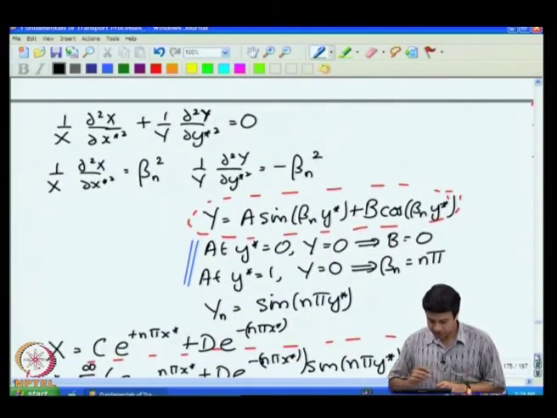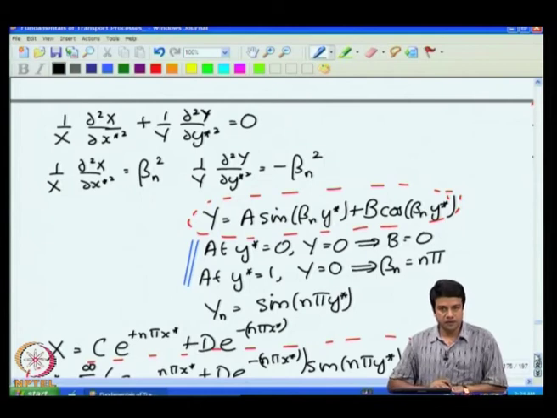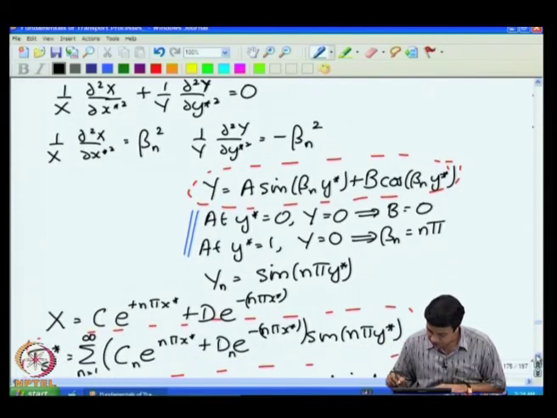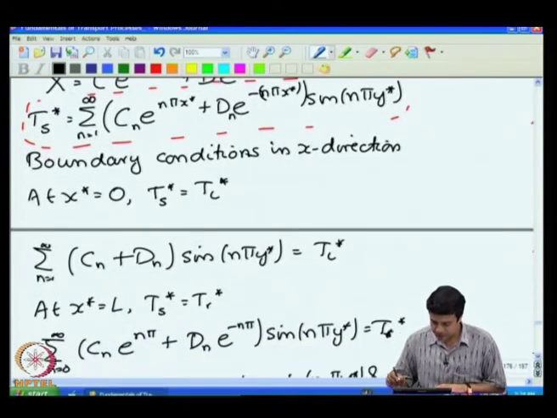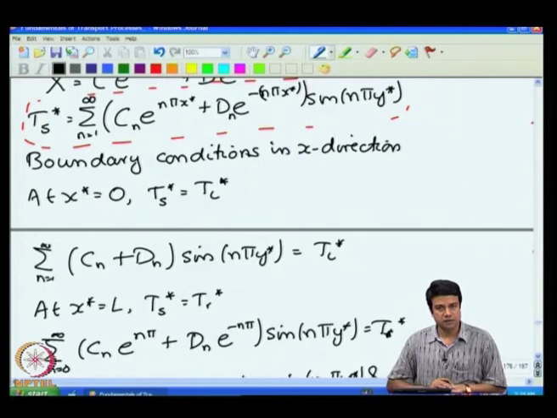So, the homogeneous boundary conditions in the y direction had given us the values of the eigenvalue in this direction. And the inhomogeneous direction was the x direction. The coefficients in that x direction were subsequently determined from the boundary conditions using the orthogonality relations.